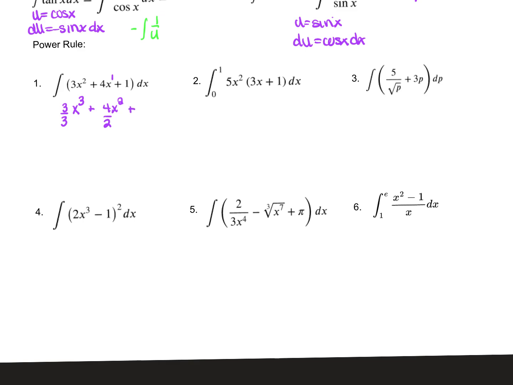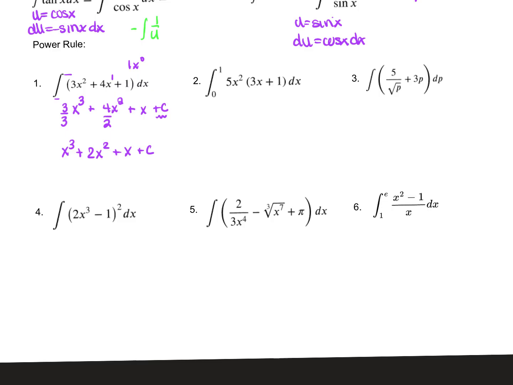This was just a constant, but if you want to think of it as x to the 0th power, you add 1, so you have x, and then plus c. And of course, you don't need to simplify, but if it was a multiple choice, then of course you'd have to simplify to see the answer. This is an indefinite integral. Notice there's no limits on the integration, so that means we need the plus c.